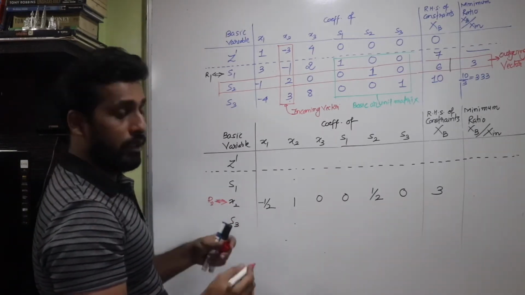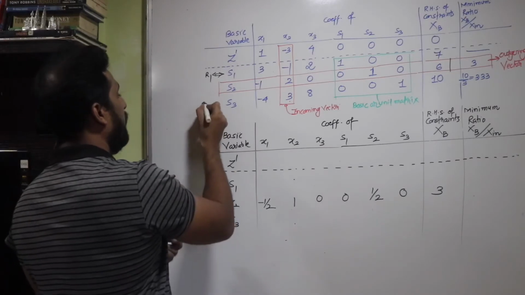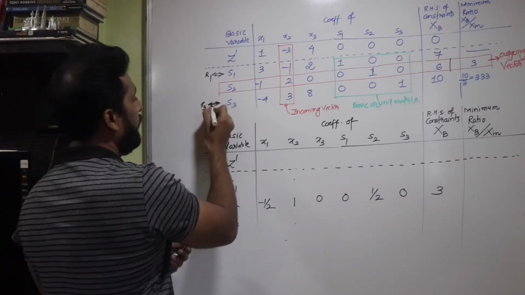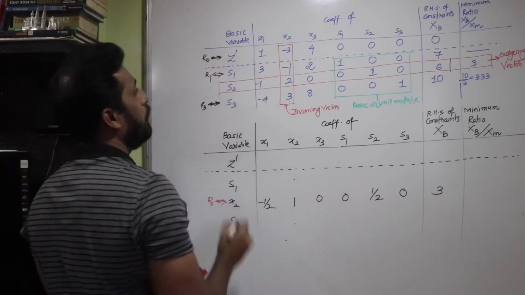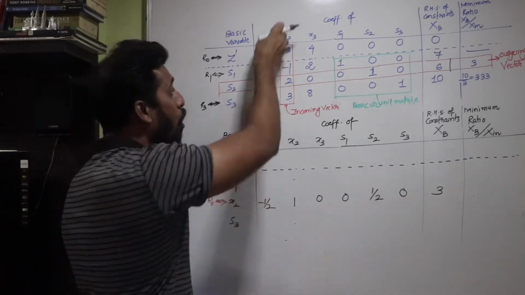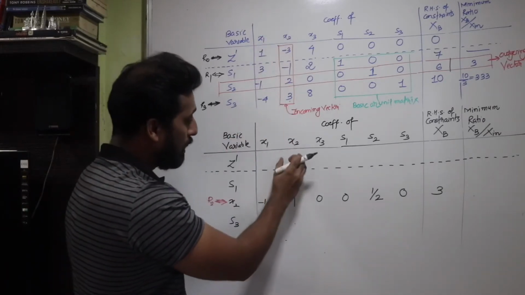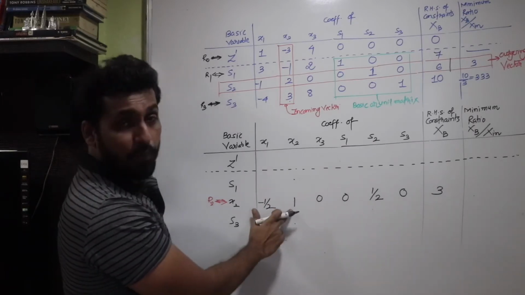Then there is R3, which is over here, and the very first row I'm going to call R0. Whatever elements are present in the entire key column should all be made 0, taking the help of this 1.